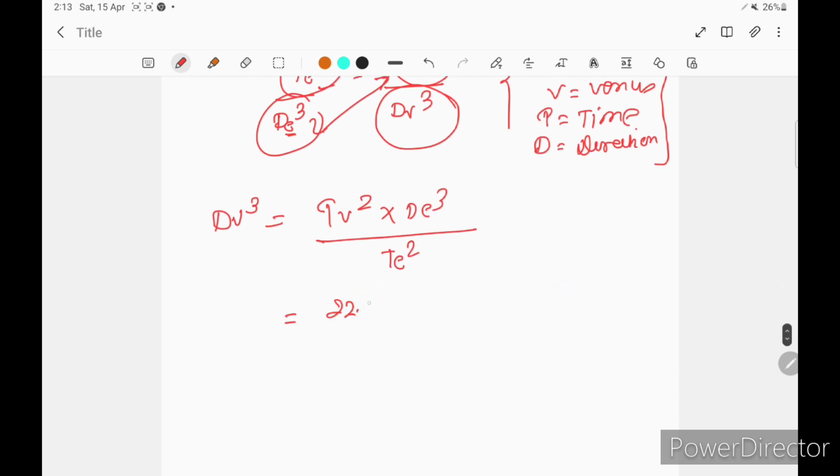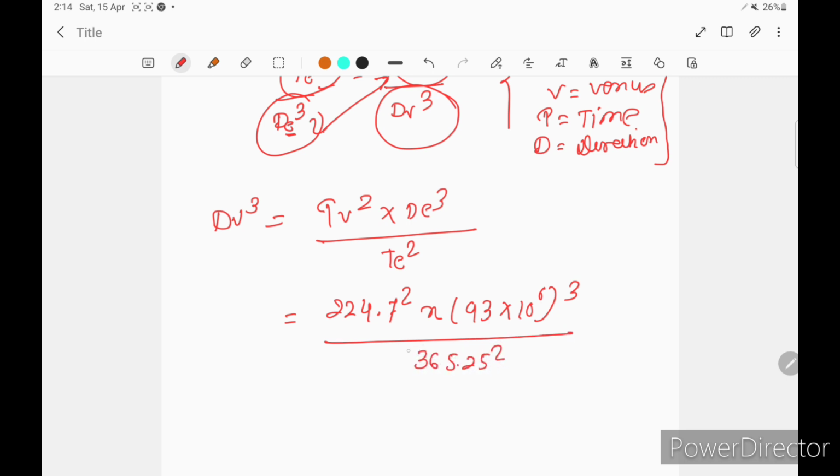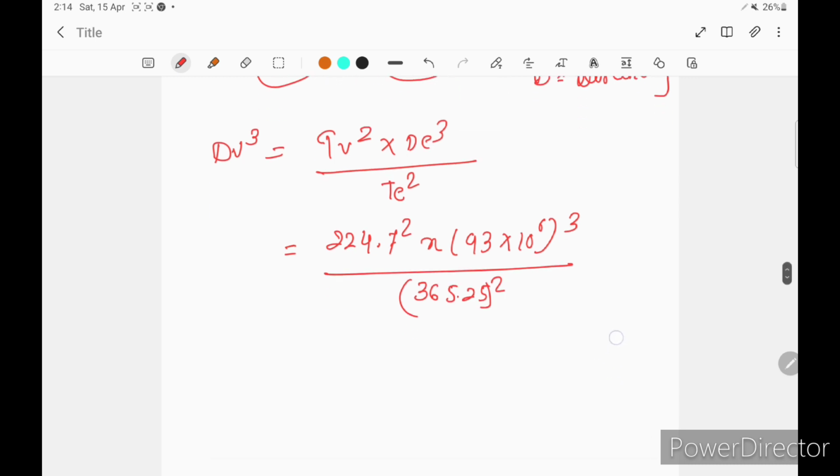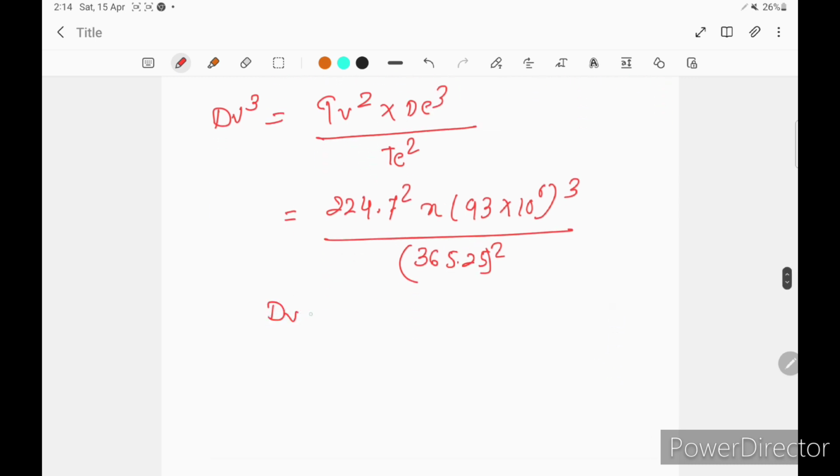Put the values in the formula which we already calculated. Okay, so we get DV is equal to 67.3 into 10 raised to the 6.